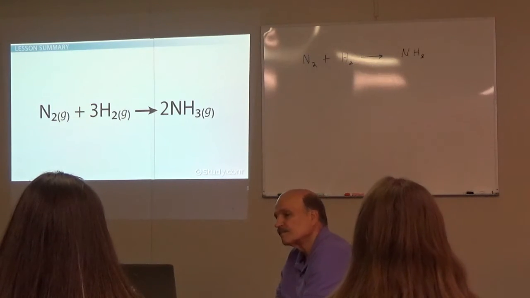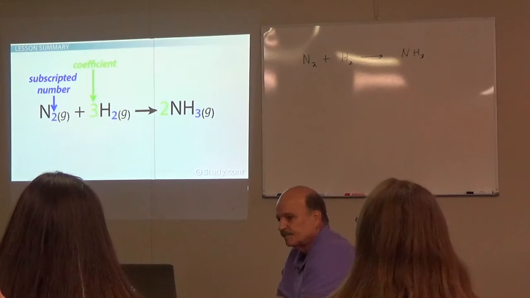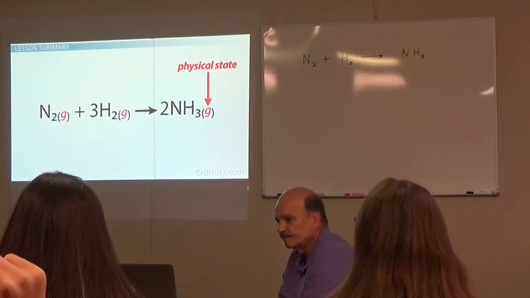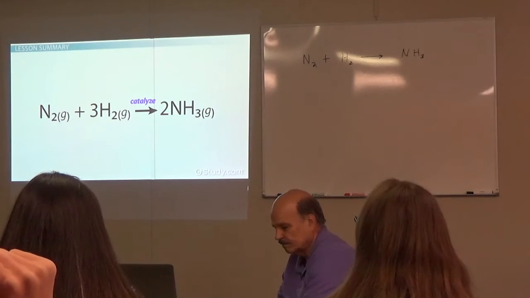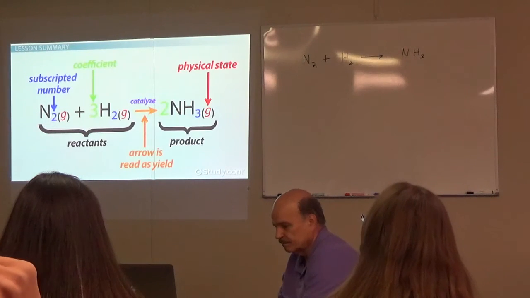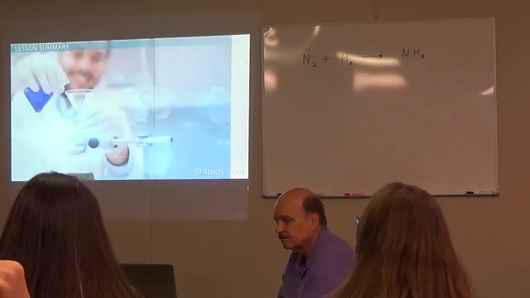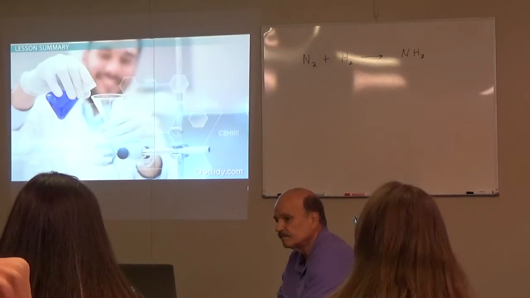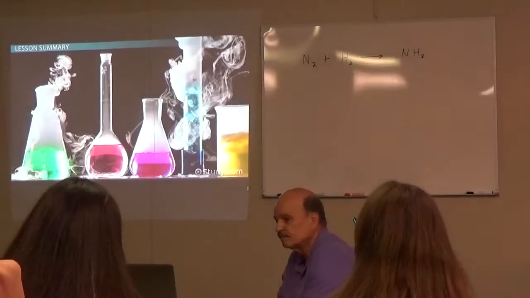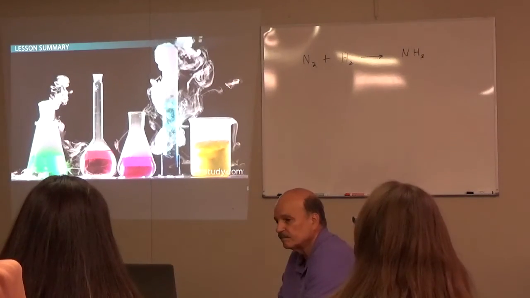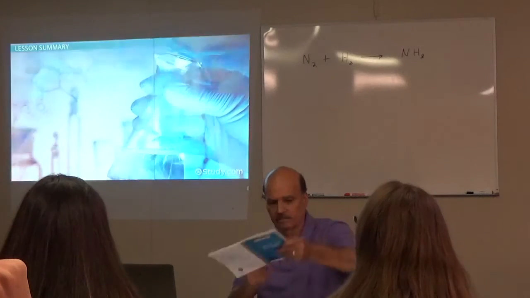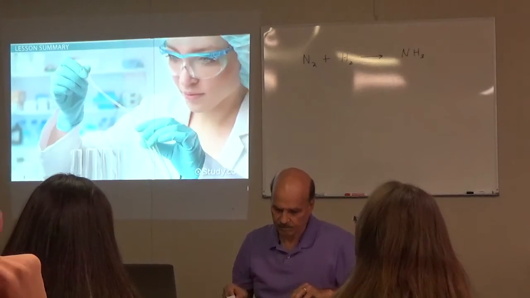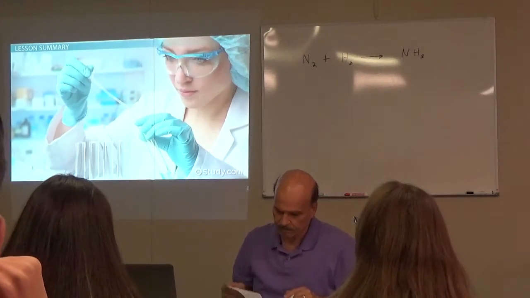We also learned that the number of atoms and molecules undergoing a chemical reaction, the physical states of the reactants and products, as well as whether a catalyst is required in the chemical reaction, is all information provided in a chemical equation. As you continue in your study of chemistry, you'll be exposed to many different chemical reactions and their corresponding chemical equations. You'll become an expert in interpreting these because you now have an understanding of the components of chemical equations and how they're represented.